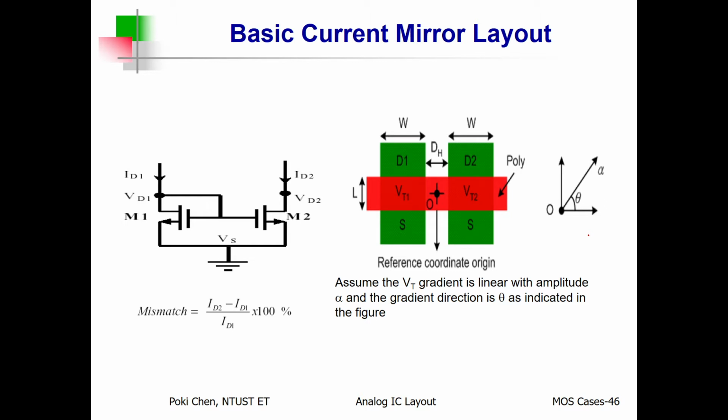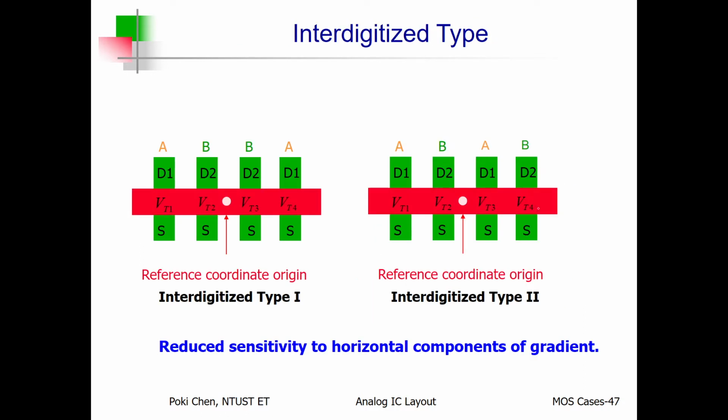According to two-dimensional systematic mismatch, you will see this is a vector pointing to the maximum gradient error, and then this is the angle. Yeah, that's it.